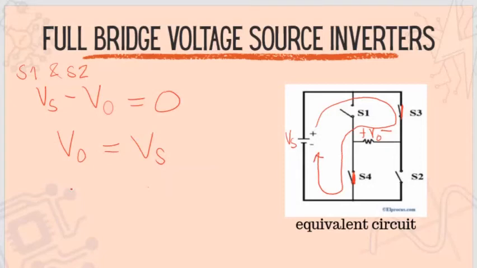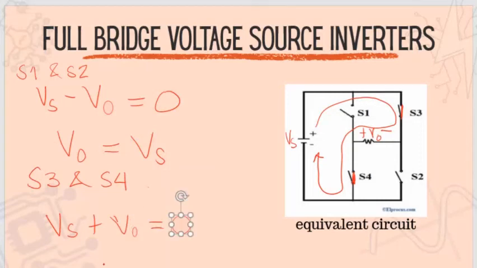You will have a KVL equation: Vs plus Vo equals 0. So your output voltage will be negative Vs.